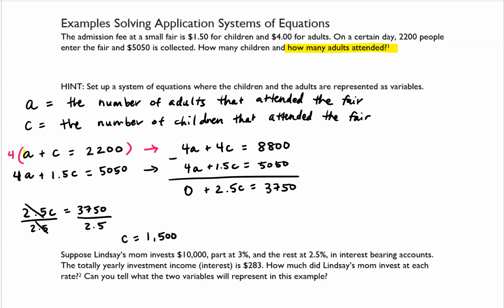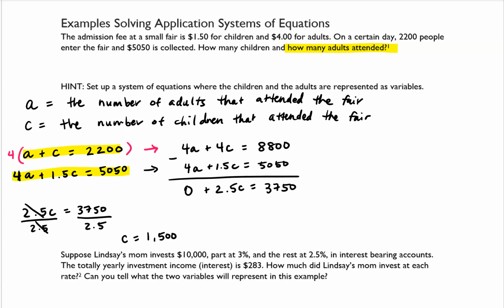So how do we go about doing that? Well, we have these two equations that we created at the beginning of the question, and you could plug in that C value into either of those equations and solve for A, but I think one of the equations is going to be definitely easier to work with than the other one, and that's the first equation.